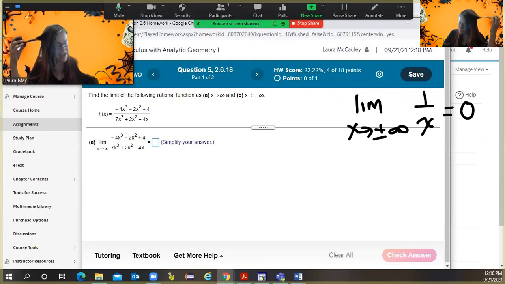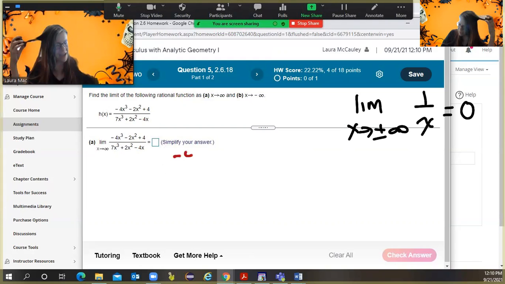So what we're going to do is we're actually going to pick the x with the highest exponent. So notice that would be x to the third here. So what I'm going to do is I'm going to come in and multiply the top and bottom by 1 over x to the third. Essentially what that does is divides everybody. Let me use the skinnier one.